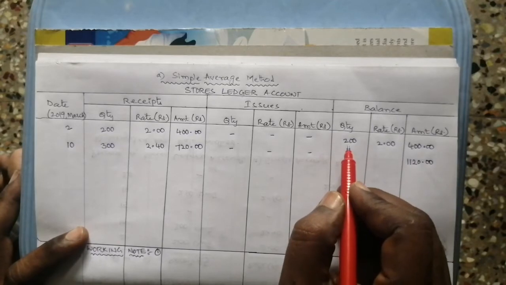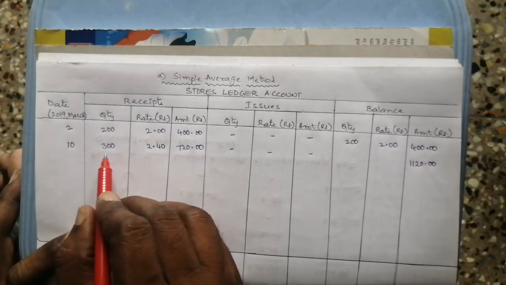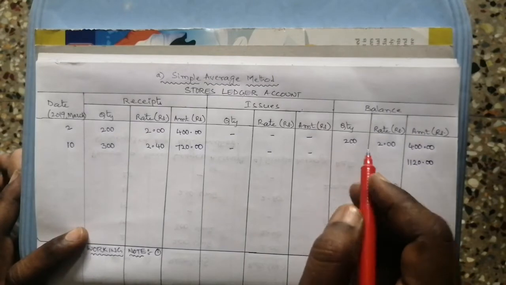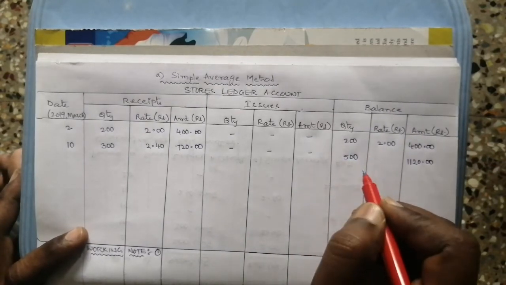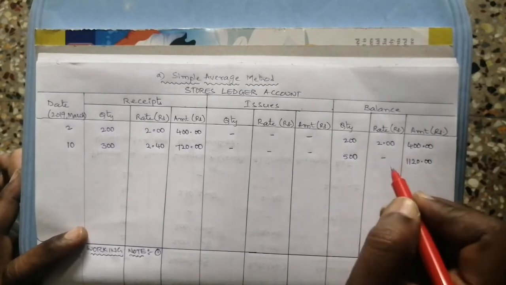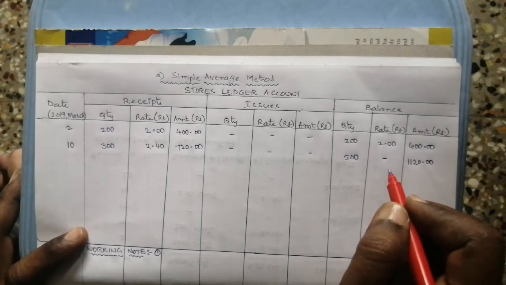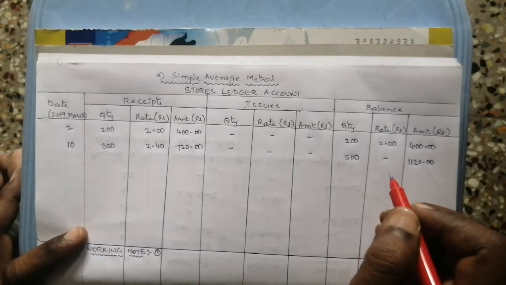Similarly, quantity also you have to add: earlier balance 200, plus 300 received on March 10th. Total quantity available in stock is now 500 units, and there is no need to show any rate per unit. The rate per unit we calculate only when we issue the materials to the production department.